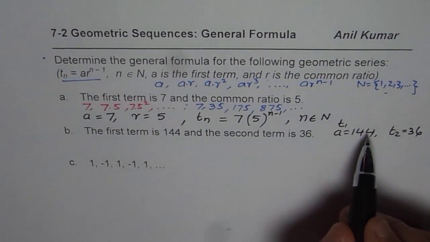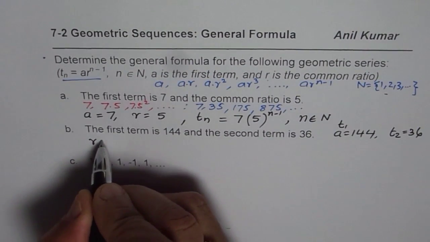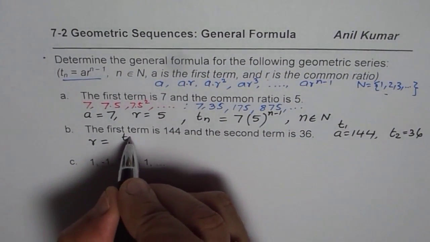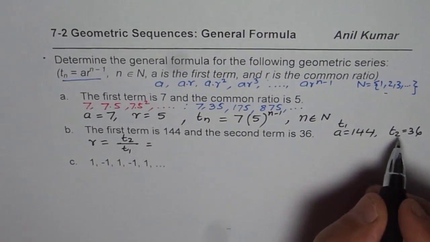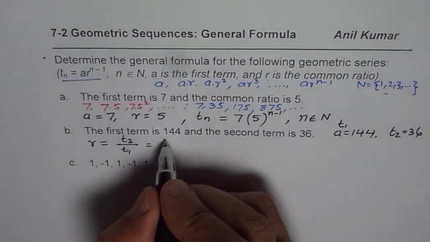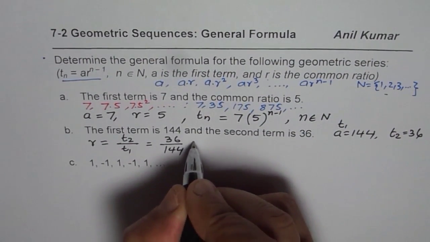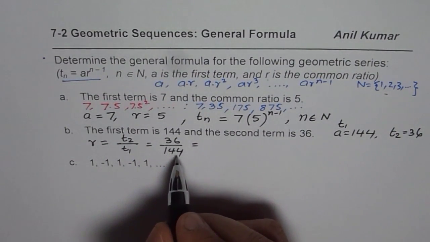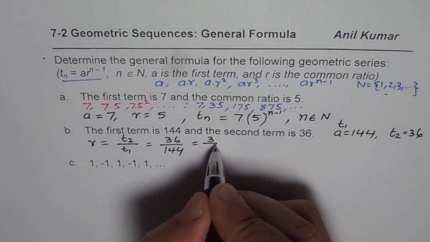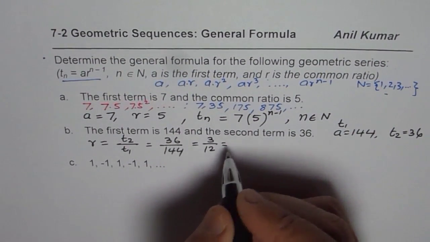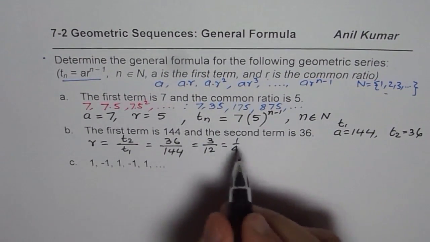Since we know the terms but not the ratio, let us find r first. r is the second term divided by the first term, which is 36 divided by 144. You know, 12 times 12 is 144 and 12 times 3 is 36. So we can write 3 over 12, which simplifies, dividing by 3, to 1 over 4. So r is 1 over 4.